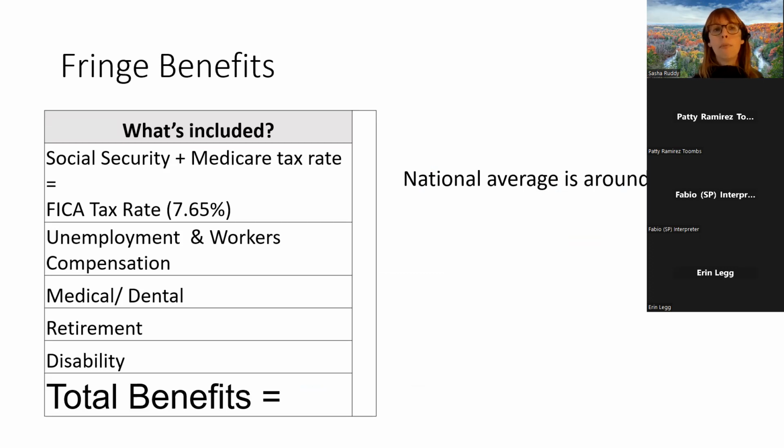From the table, we can see that Social Security and Medicare tax are included, and it's a FICA tax rate at 7.65%. It can also cover things like unemployment and workers' compensation. It can also cover medical and dental benefits, retirement, and disability. And the national average is somewhere around 30%.